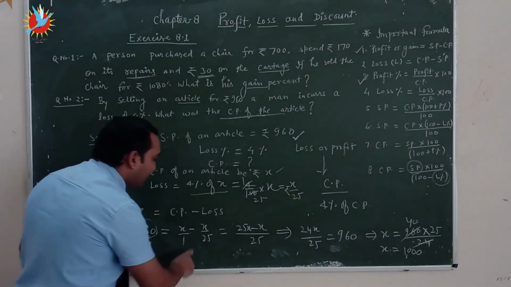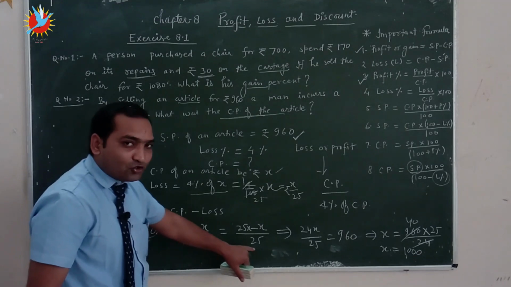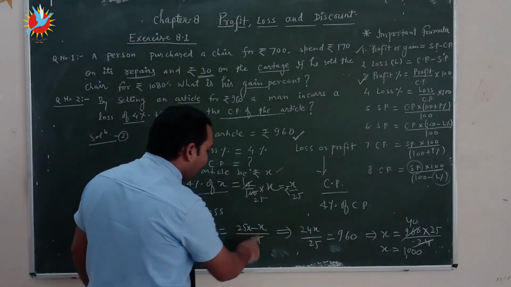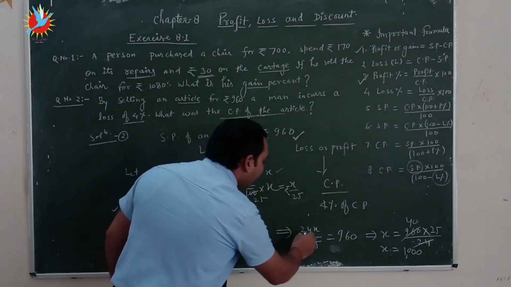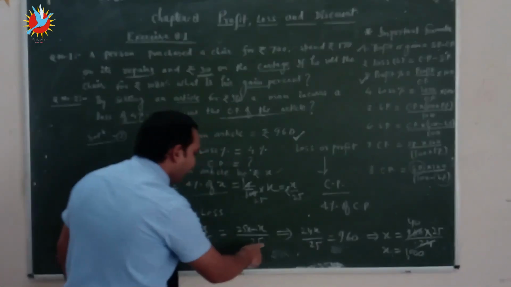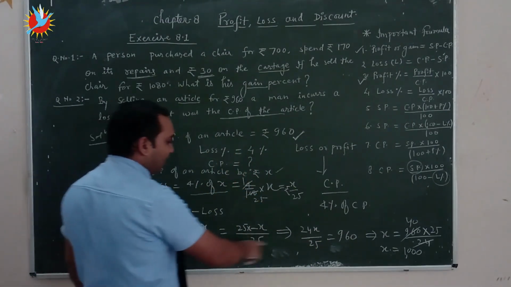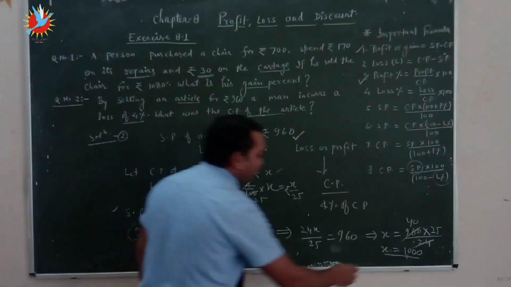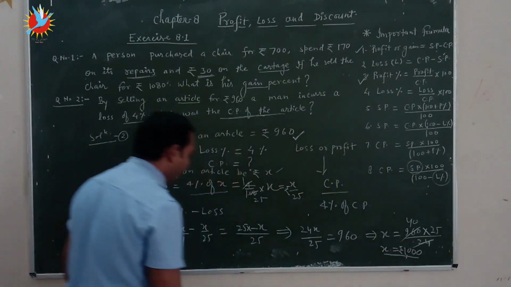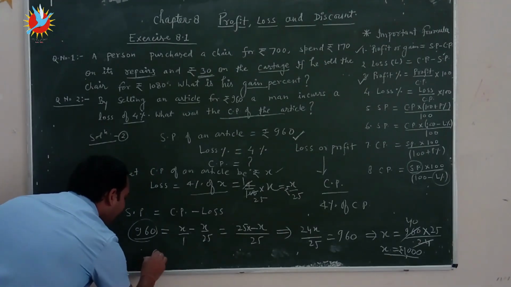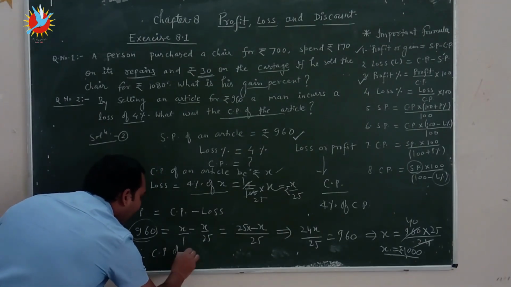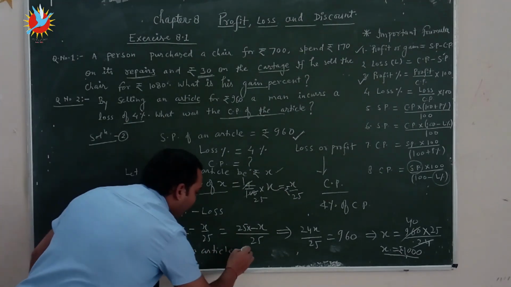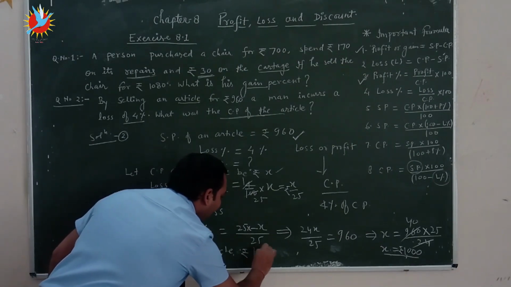We take the LCM of 25 and 1, which is 25, so 25X minus X upon 25 is 24X upon 25, equal to 960. Finally we find the value of X, which is rupees 1000. Therefore the cost price of the article was rupees 1000.